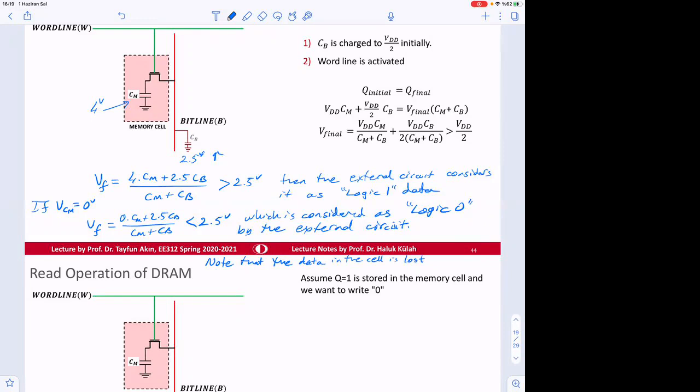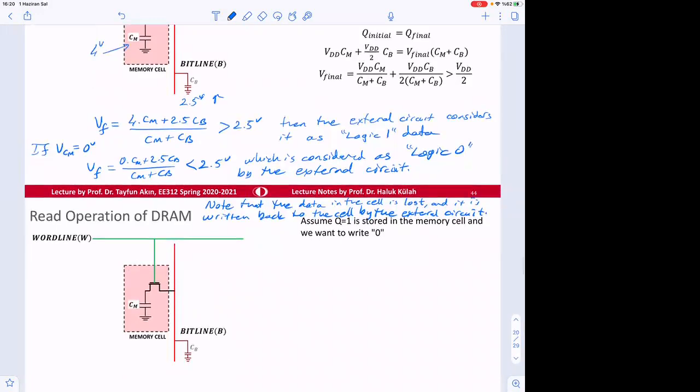But the external circuitry knows the data, and it is written back to the cell by the external circuit. So it writes it back.